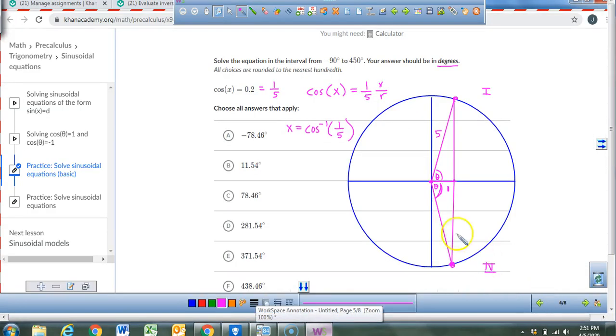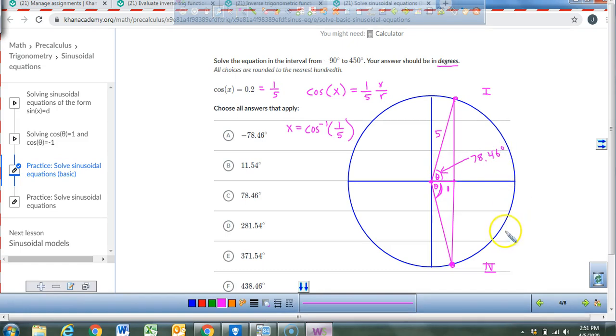Go back. So basically right here, this angle right in here, that angle is 78.46 degrees. This angle right in here is going to be negative 78.46 degrees.